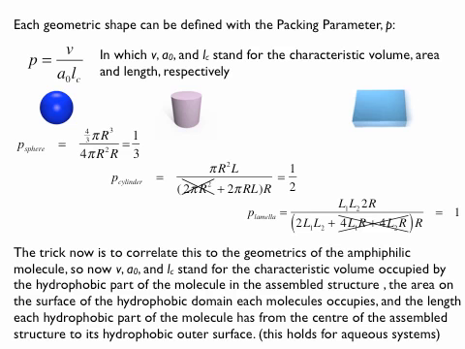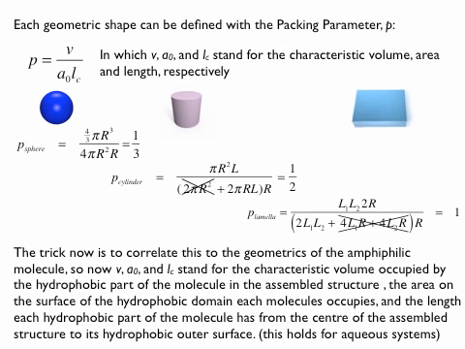So the interesting thing is, this is just geometry. You might think, what has this got to do with molecules or particles that self-assemble? Well, you can define a packing parameter for a particular object. You can pick a molecule, for example your SDS molecule, and put the numbers in.